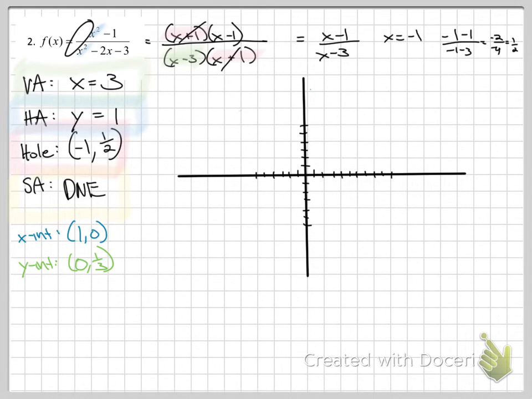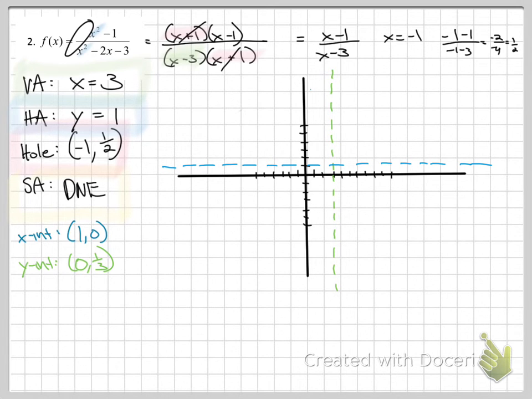Okay, here's what we know. We know we have a vertical asymptote at x equals 3, dotted line straight through your x equals 3. We know we have a horizontal asymptote this time at y equals 1, that's sideways through y equals 1. We do not have a slant because you can't have both, and we do have a hole.